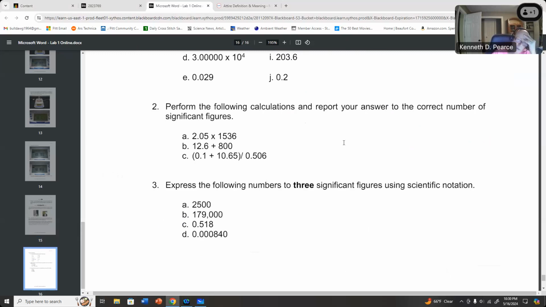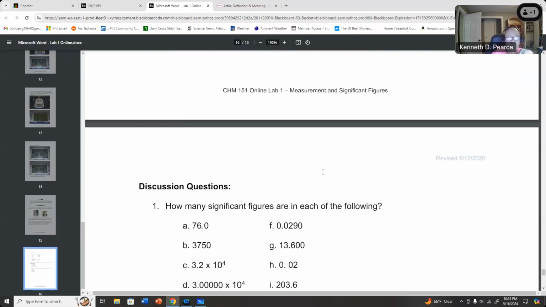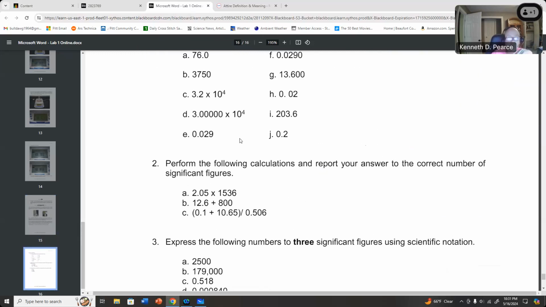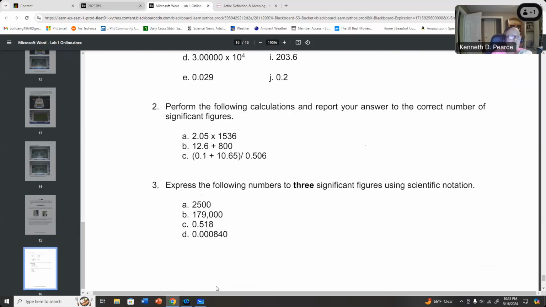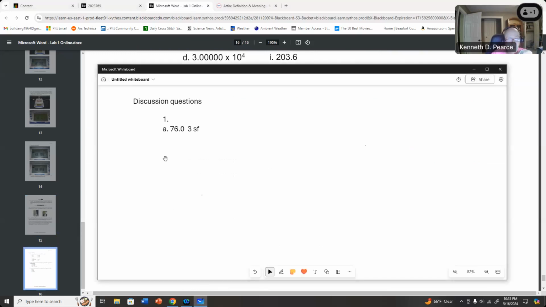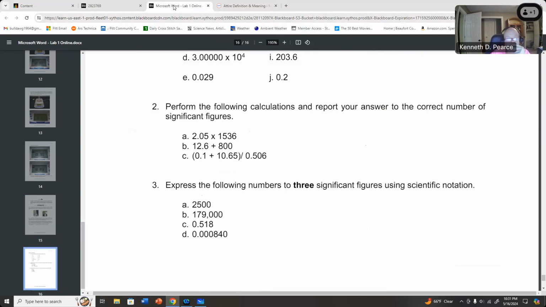Now, don't forget, let's do 2500. Looking at the instructions, let's say we have 2,500, and we want to write that in scientific notation with 3 sig figs. How would we go about doing it?